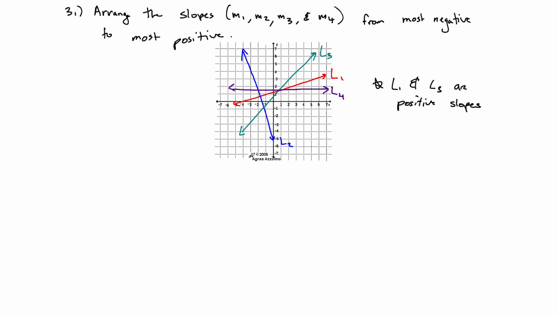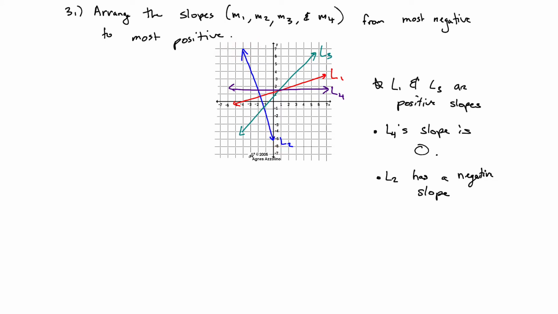And L4's slope is 0. I know my picture isn't perfect, but that's supposed to be a horizontal line. So L4's slope is 0. And last but not least, L2 has a negative slope. We don't know what it is. Granted, we could probably figure it out by choosing points, but that's not the point.